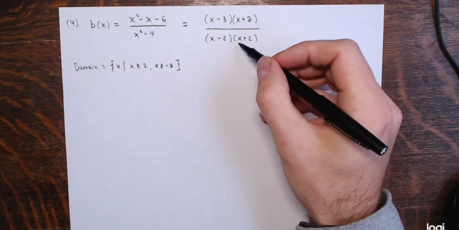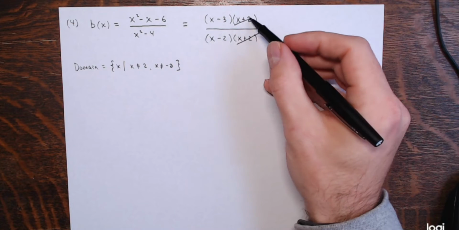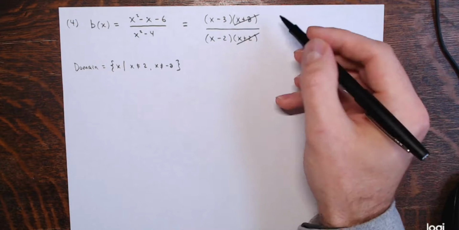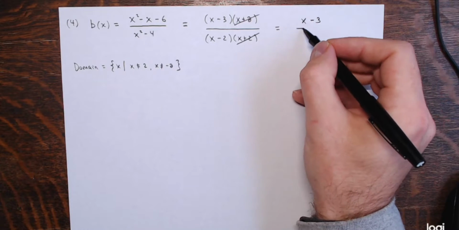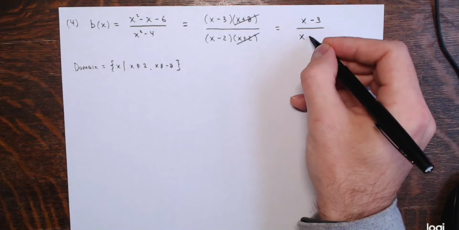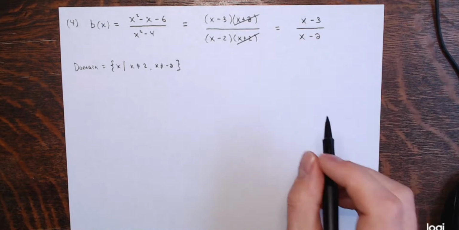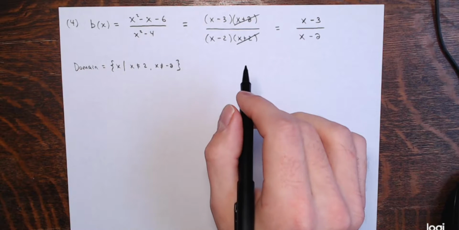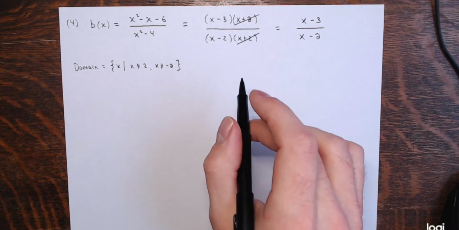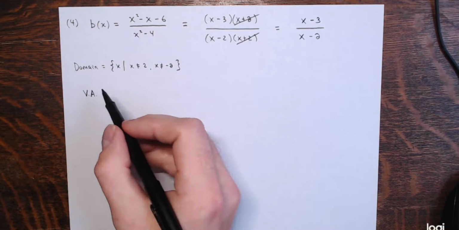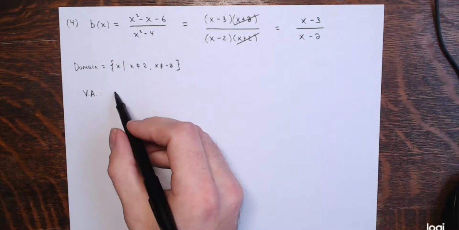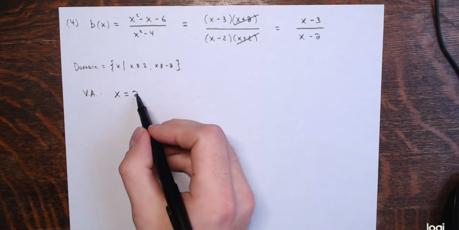Now if you simplify, they both have this common factor of x plus 2, we get the following. X minus 3 in the numerator divided by x minus 2. So this time, because there was that cancellation, there's going to be a hole in the graph, one of those removable discontinuities. So there's a vertical asymptote at x equals 2, that x minus 2 is still in the denominator there.